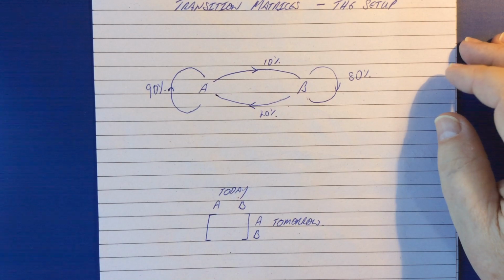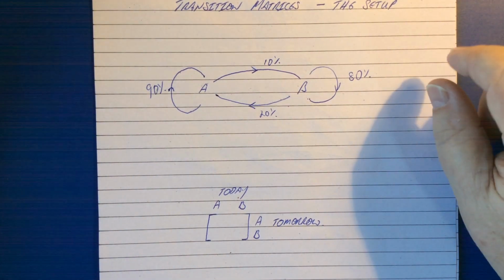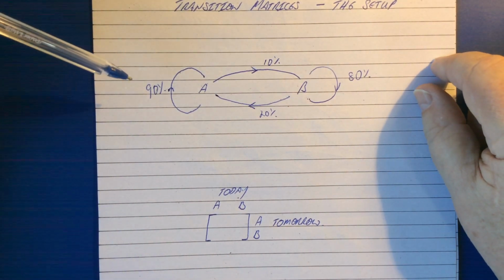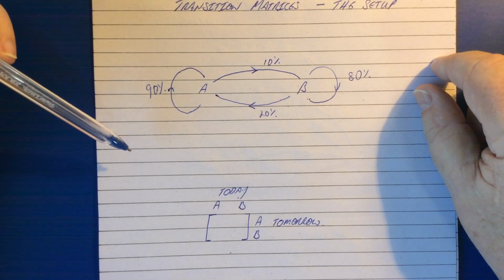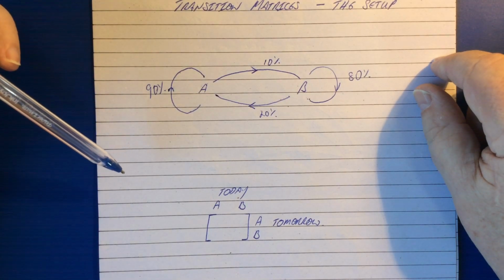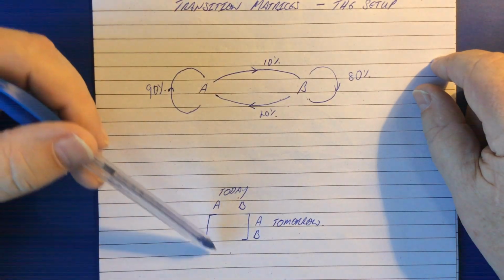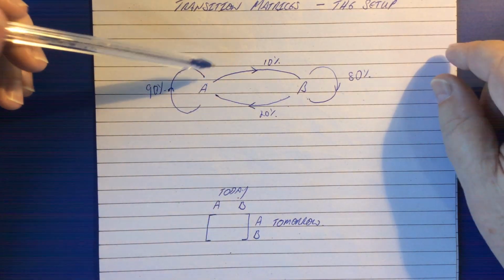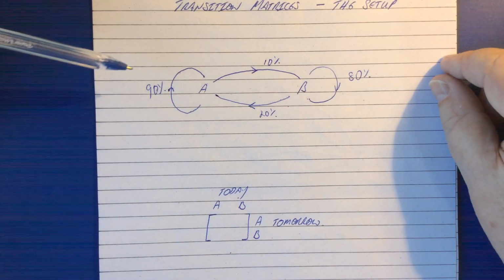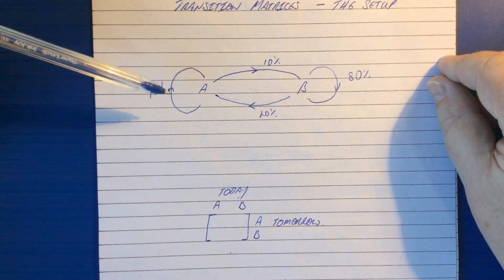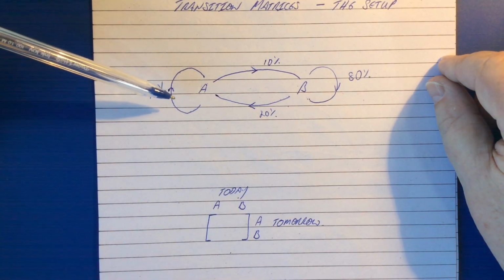And here's our transition matrix, all nice and empty. What we're doing is filling this out with the information that's contained in this network diagram. So let's start.